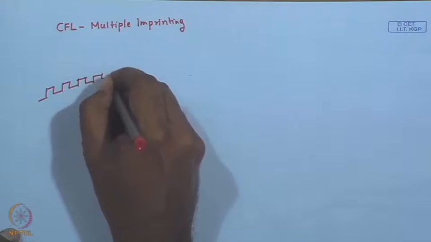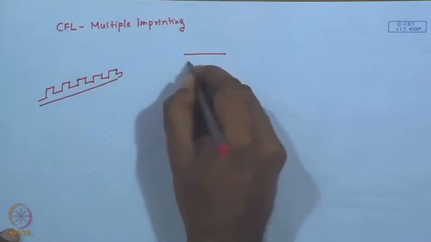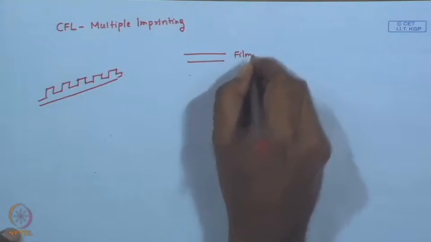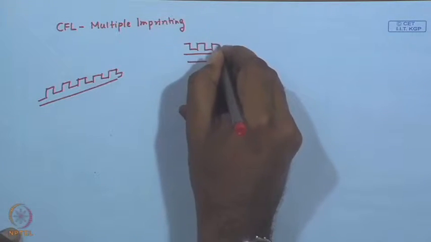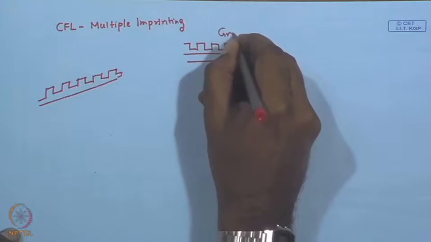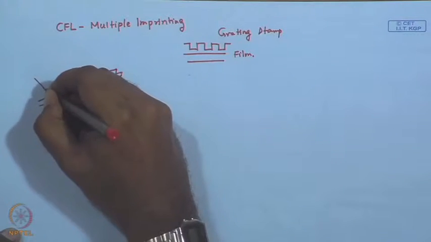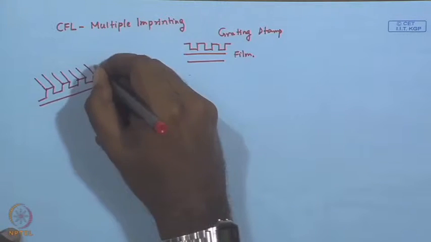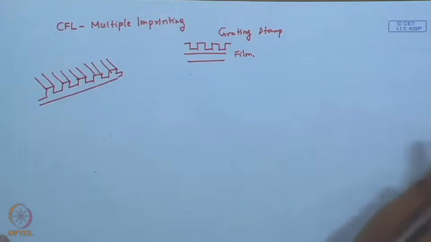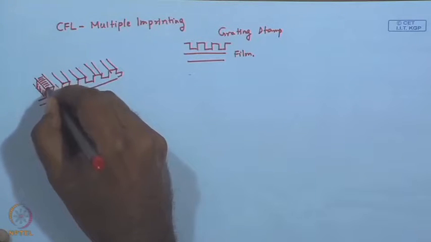So, you had taken a usual polymer film, you have imprinted it, or performed capillary force lithography, with a grating stamp to obtain a perfect negative replica. With the level of understanding you have, it is easy for you to understand how this can be implemented.